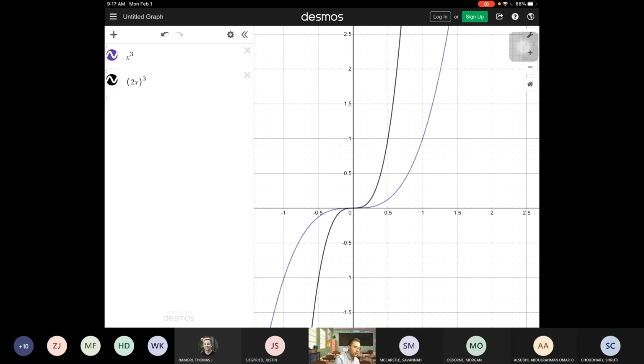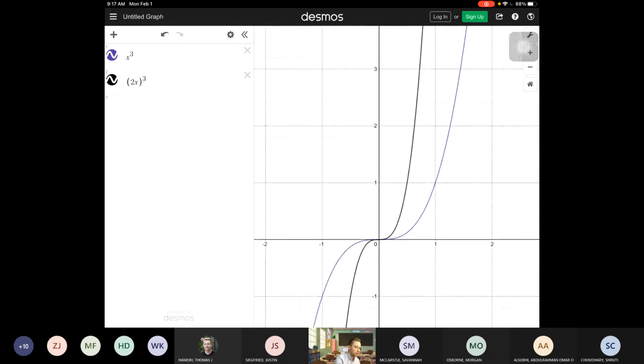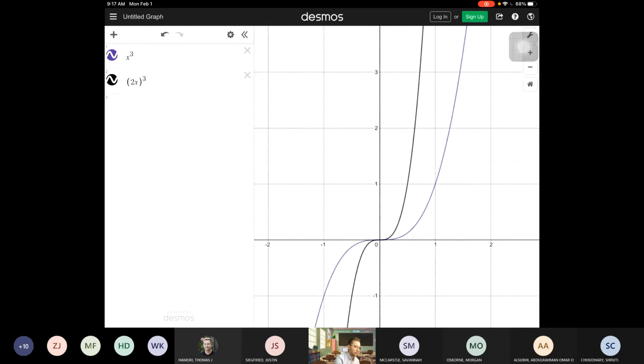So in this horizontal compression, what we're saying is that the distance between the purple curve and the y-axis is going to remain proportional to the distance between the black curve and the y-axis.